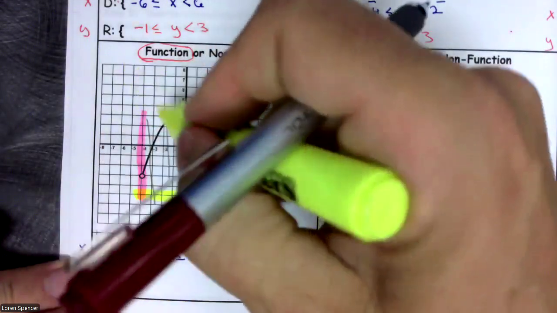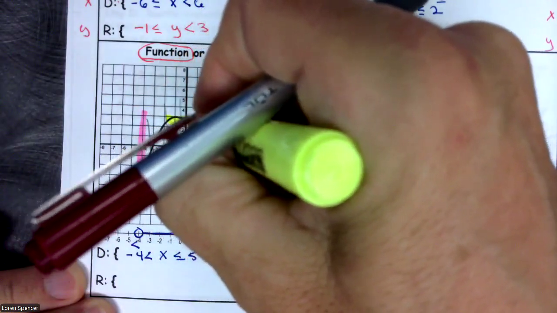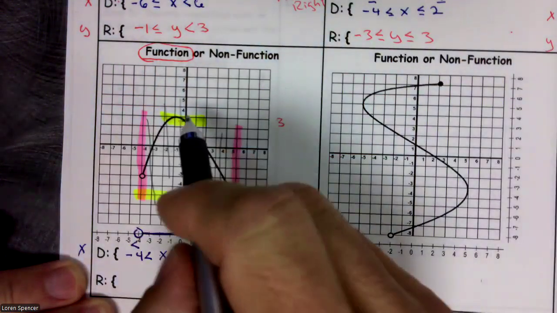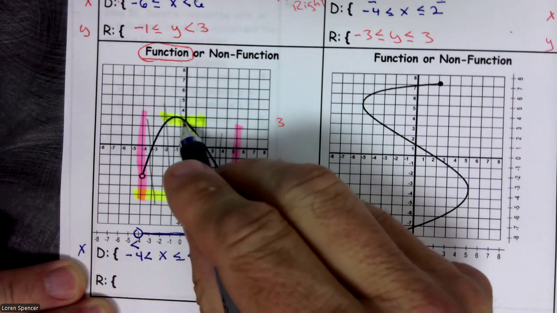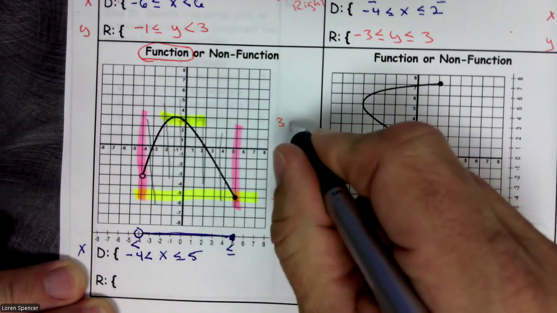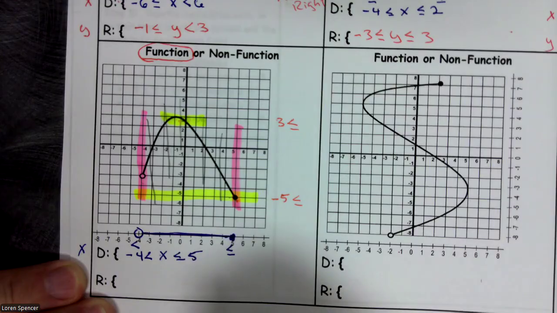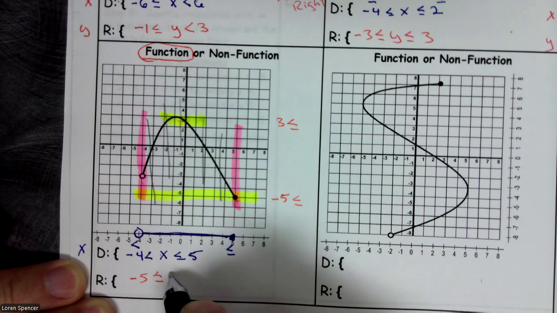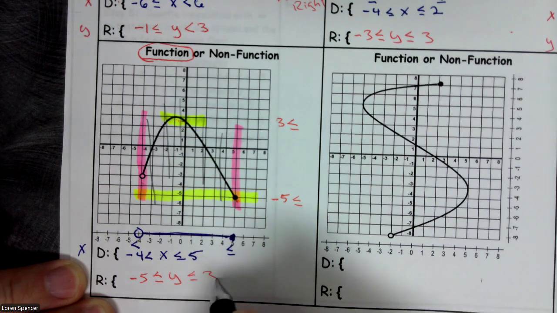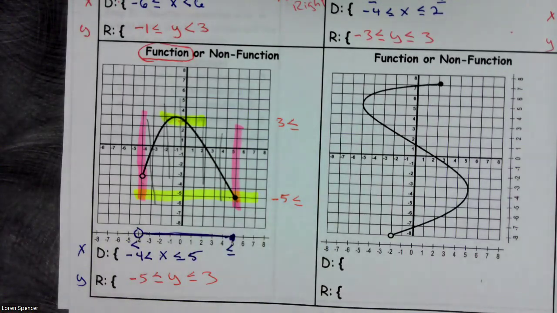I know that because this is where, when I draw the line, it hits the y-axis. It hits at 3. And it doesn't have a hollow, so this is also a less than or equal to. So we have -5 less than or equal to y less than or equal to 3.